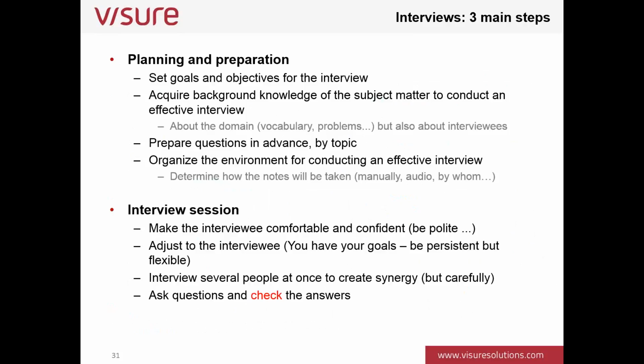We have to prepare the questions in advance by topic, but also take into account that during the interview itself, new questions may arise, and we may leave our original questions aside, but eventually we have to go back. We have to take that into account.